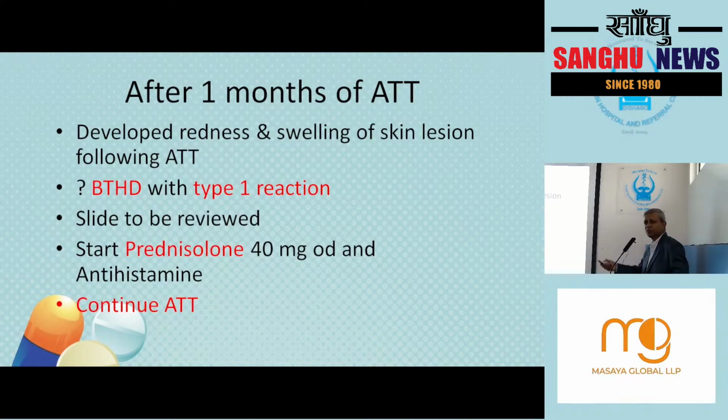So he visited the same dermatologist who had prescribed the anti-TB treatment. Then the dermatologist thought, maybe it is leprosy, Hansen's. He thought it was a type 1 reaction, and added prednisolone because it would help, and continued the anti-TB drugs.